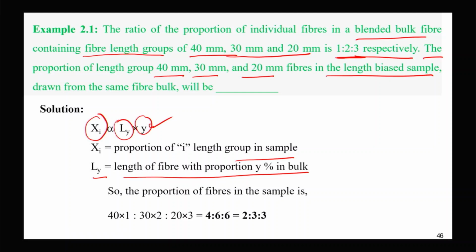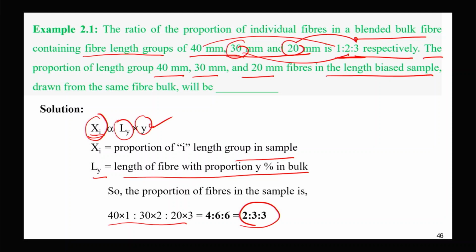So you can see 1:2:3. So 40 multiplied by 1, this y is the proportion in the bulk. Okay, so 30 multiplied by 2 and 20 multiplied by 3. So we are getting the proportion, so you can see here, ultimately it becomes 2:3:3.